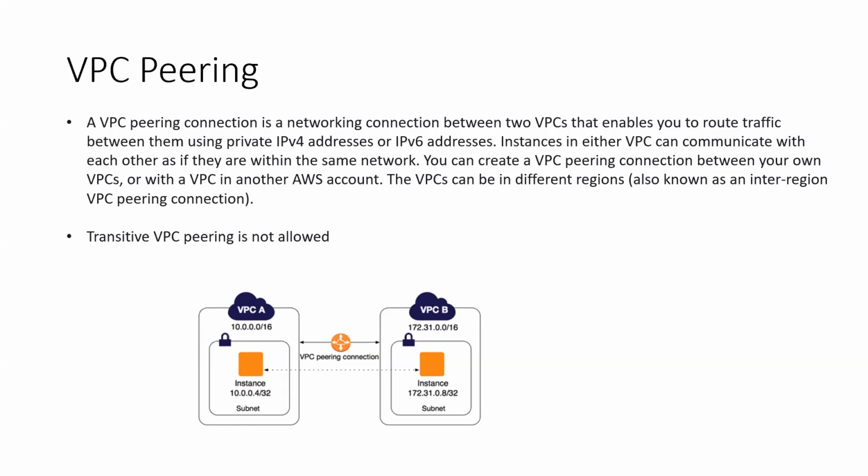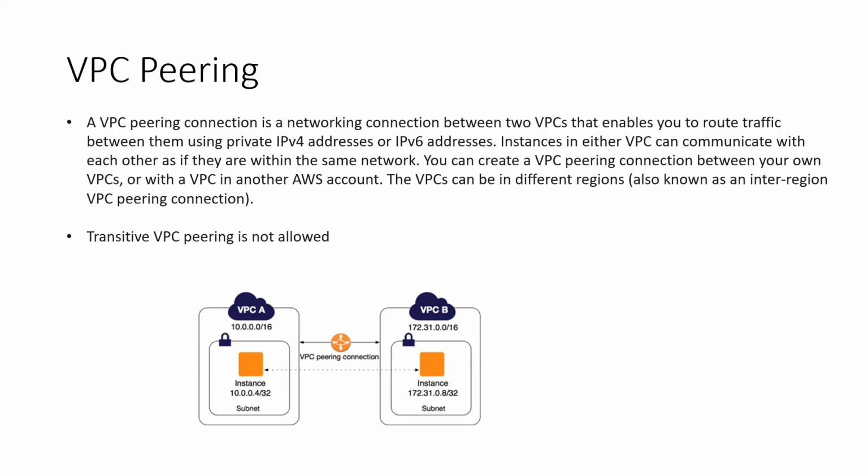Let's say I have one VPC in one account and another VPC in another account. Or I have two different VPCs within the same account. Or I have one VPC in Asia Pacific region and another VPC in Northern Virginia region. Will they be able to communicate?